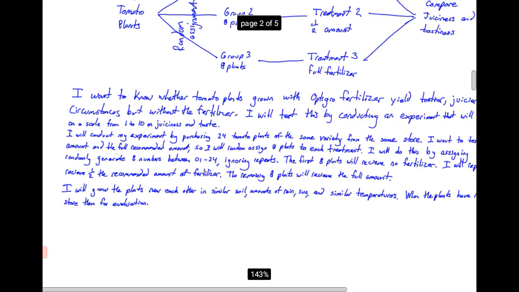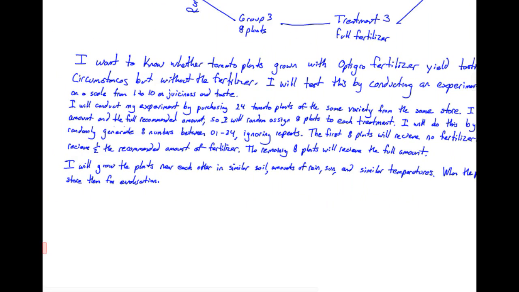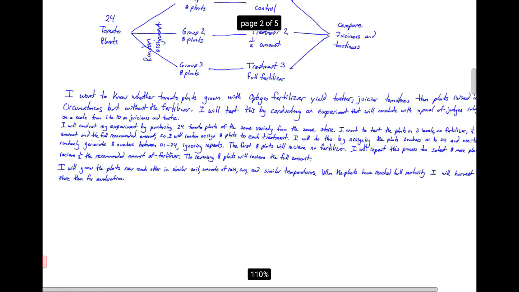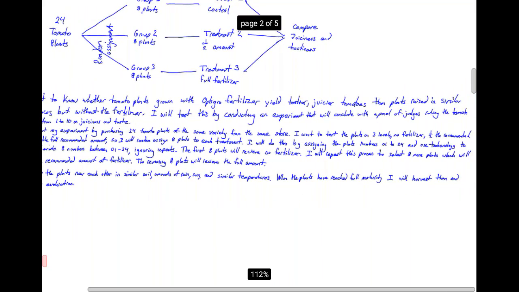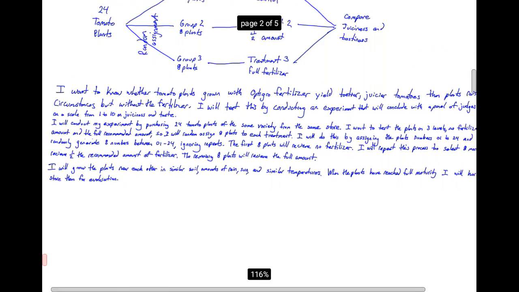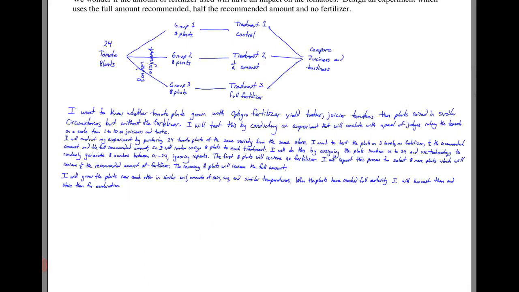The remaining 8 plants will receive the full amount. I'll grow the plants near each other in similar soil, amounts of rain, sun, and similar temperatures. When the plants have reached full maturity, I will harvest them and store for evaluation. So make sure you can write all of that up and explain how you'll randomly assign.